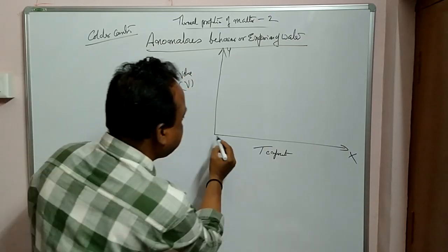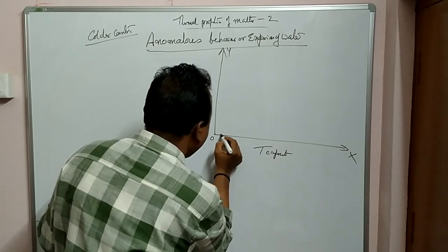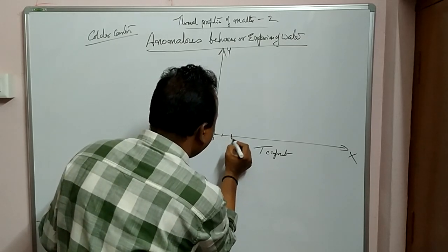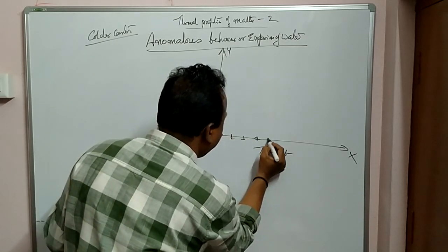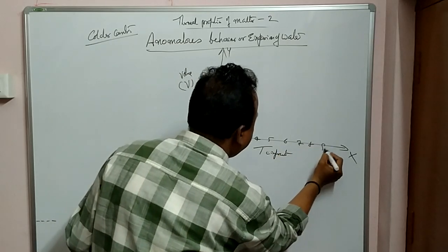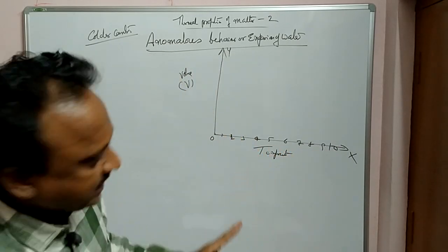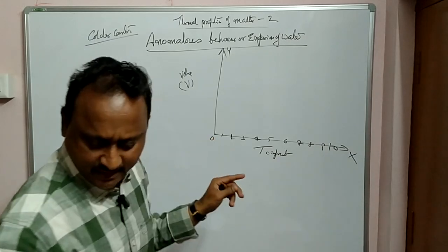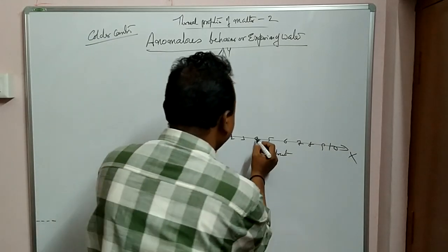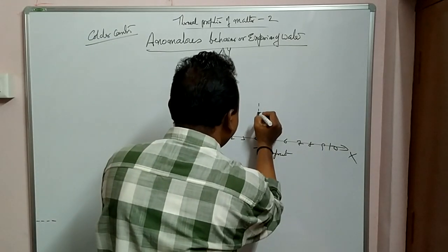You can see this is the temperature 0, 1, 2, 3, 4, 5, 6, 7, 8, 9, 10, in degrees centigrade on the x-axis, and you can see the graph goes like this up to 4 degrees centigrade.